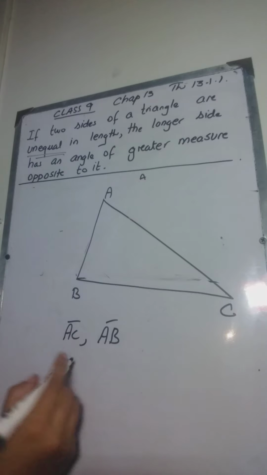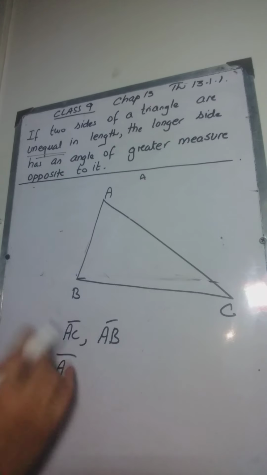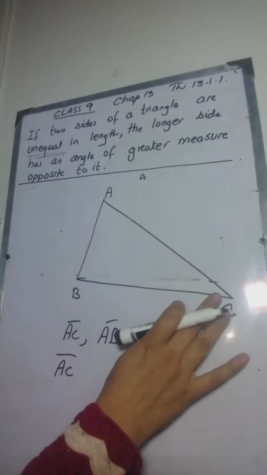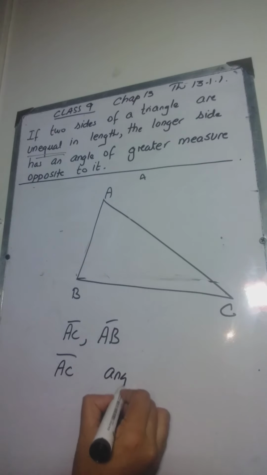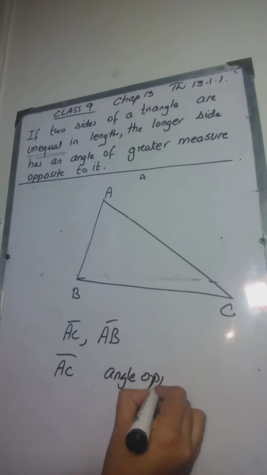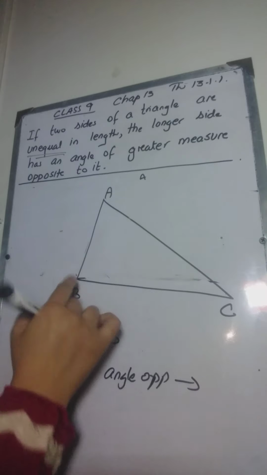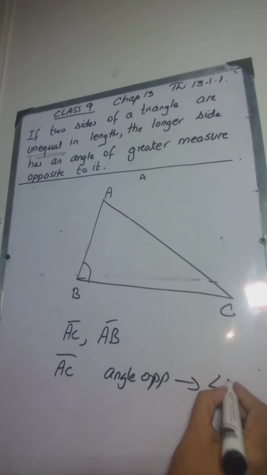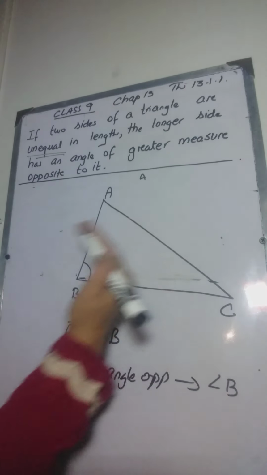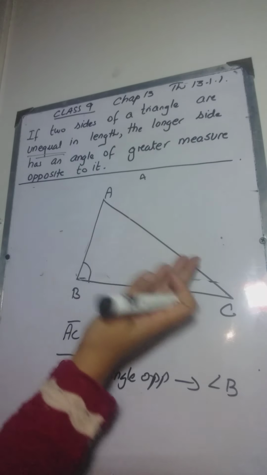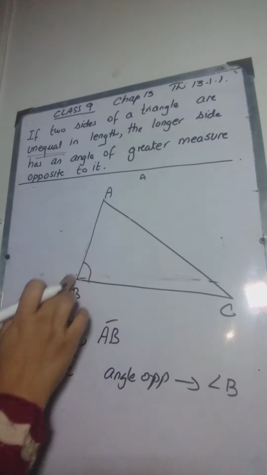So they are saying that if the longer side is AC, then the angle opposite to AC will be angle B. Opposite means in front of the side, the angle which is facing the side.